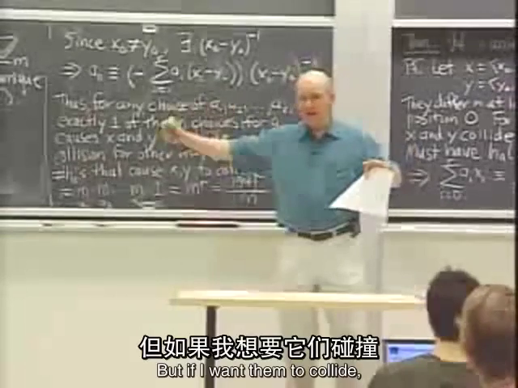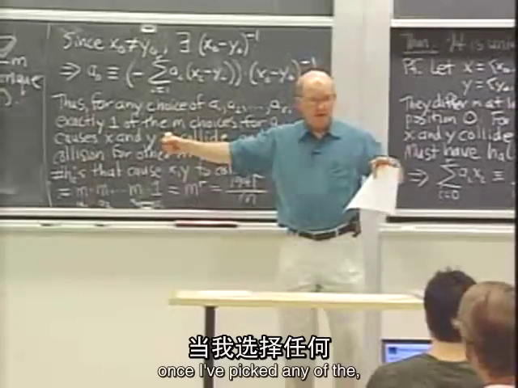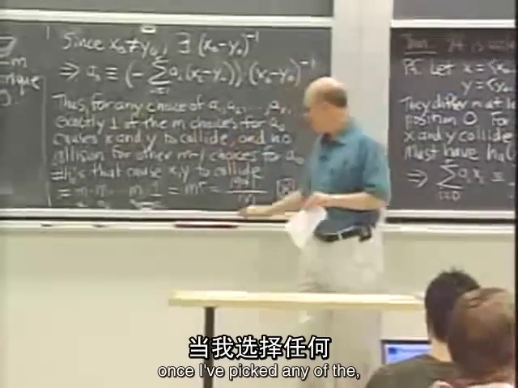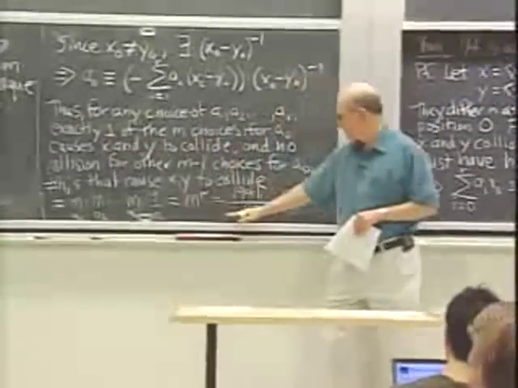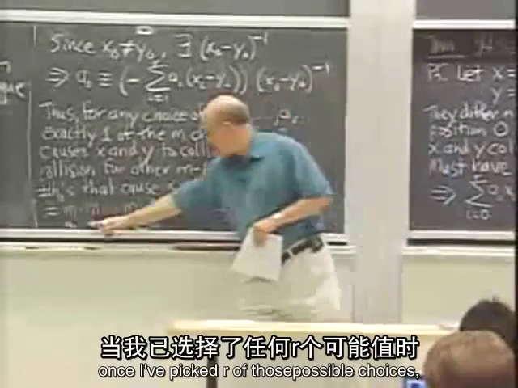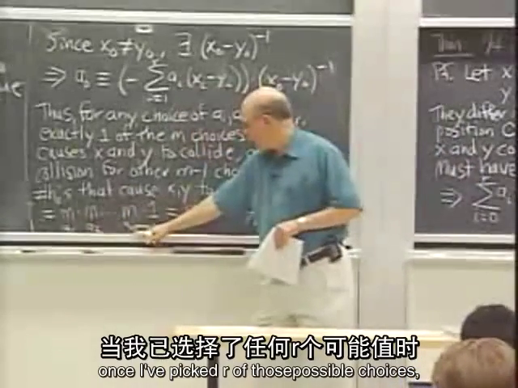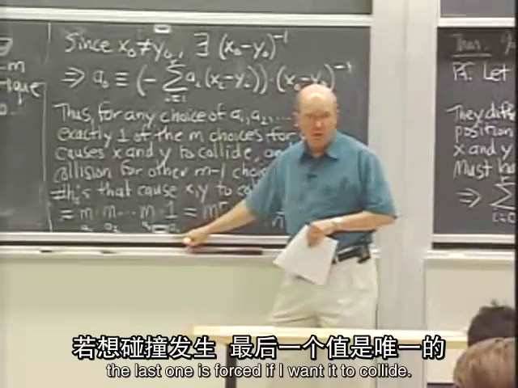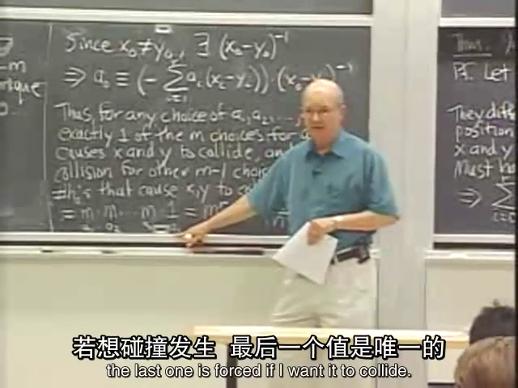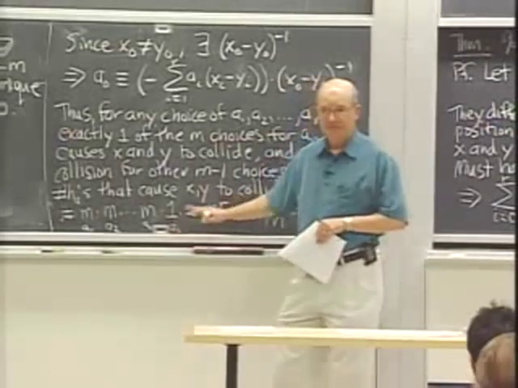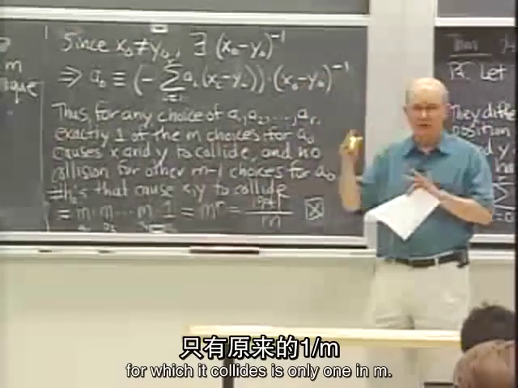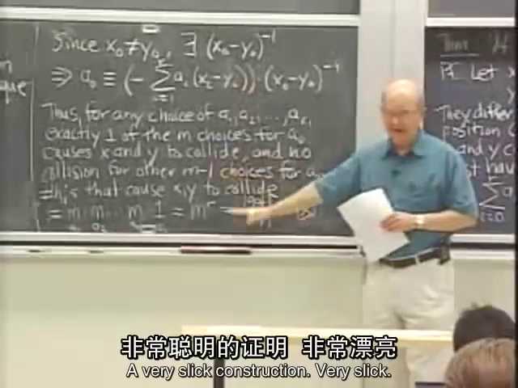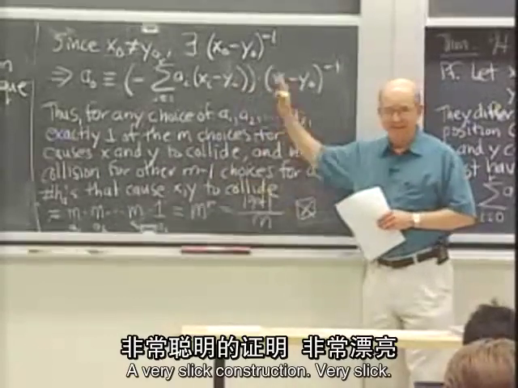But if I want them to collide, once I've picked r of those possible choices, the last one is forced. So therefore, the set of functions for which it collides is only 1 in m. Very slick construction. Very slick.